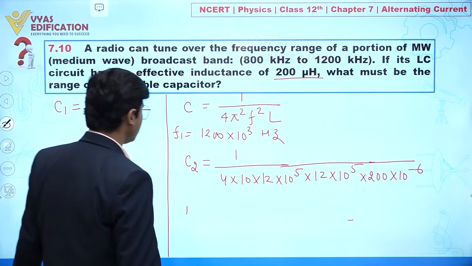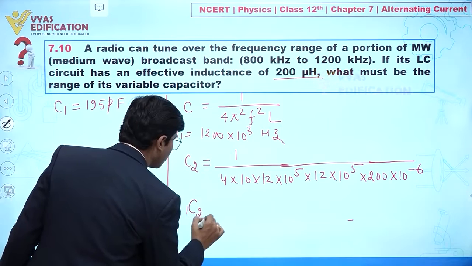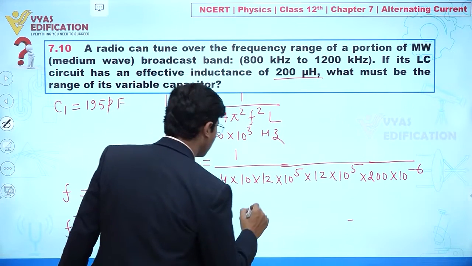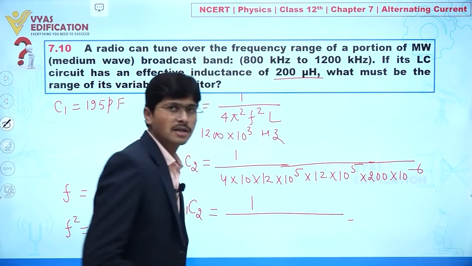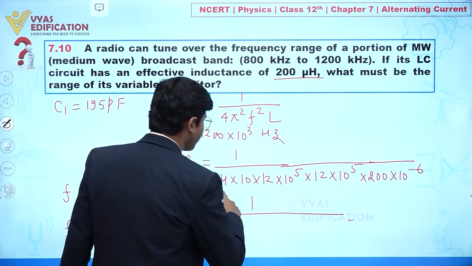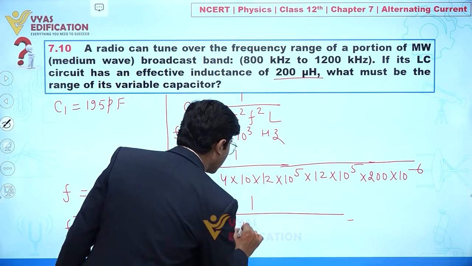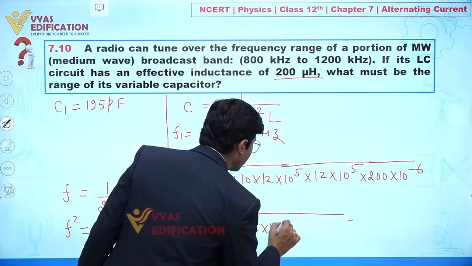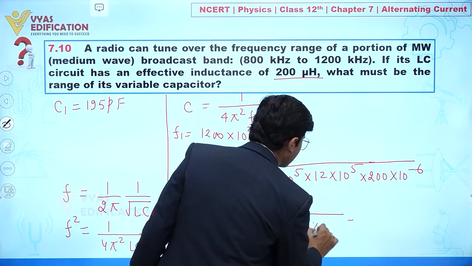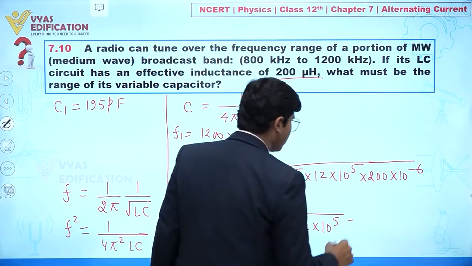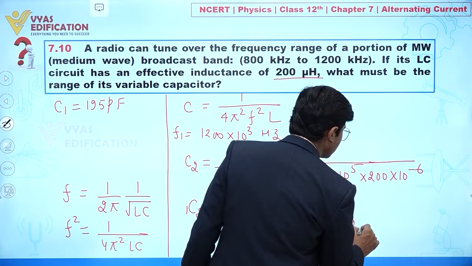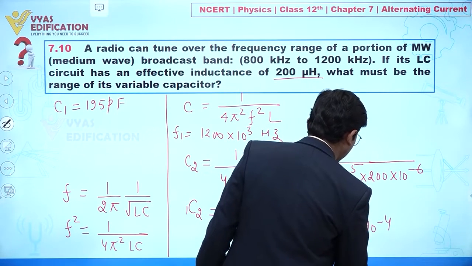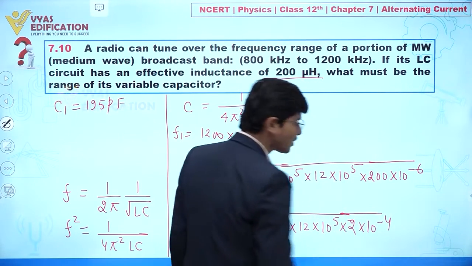So the value of C2 is equal to 1 upon 4 multiply 12 into 10 to the power 6 into 12 into 10 to the power 5, multiply 2 into 10 to the power minus 4.